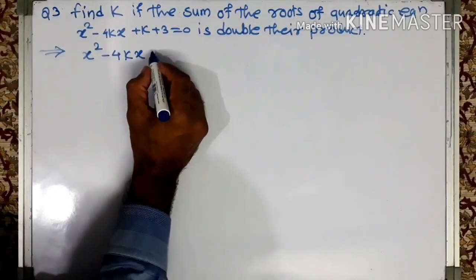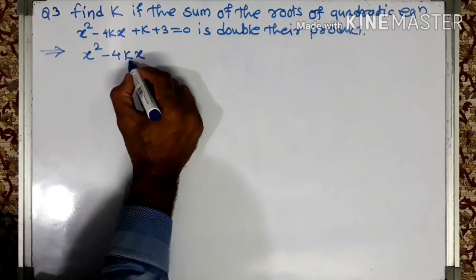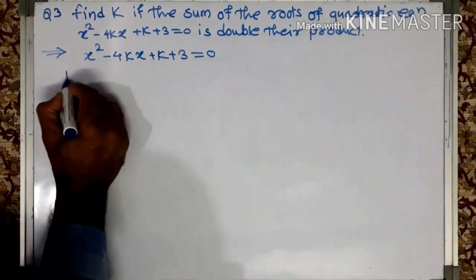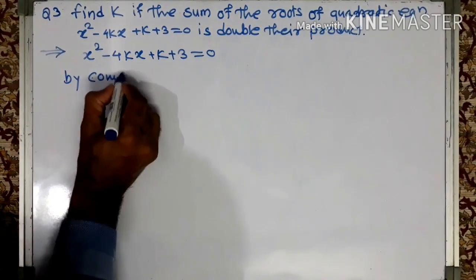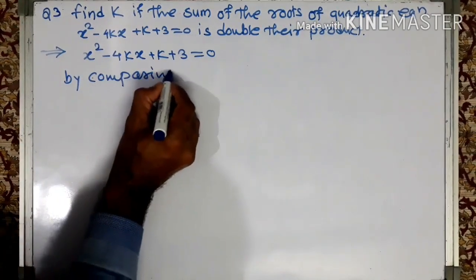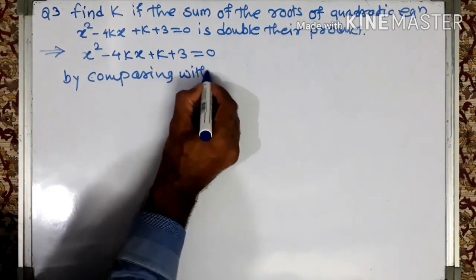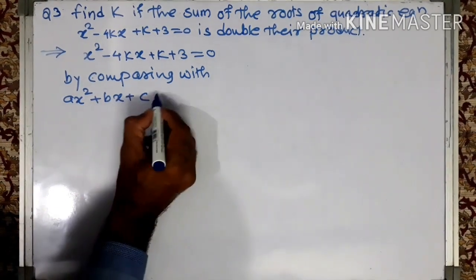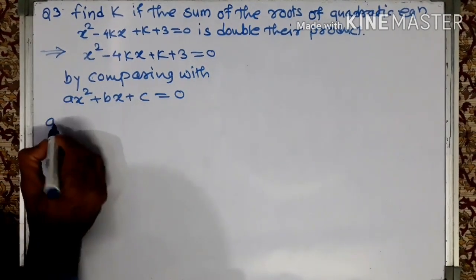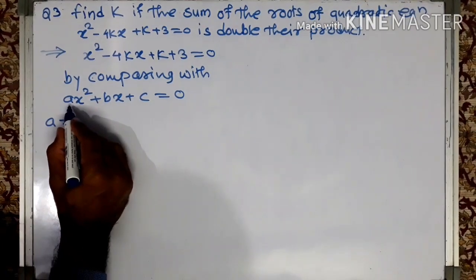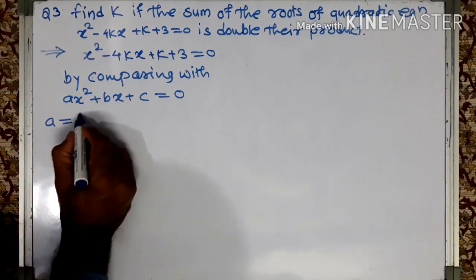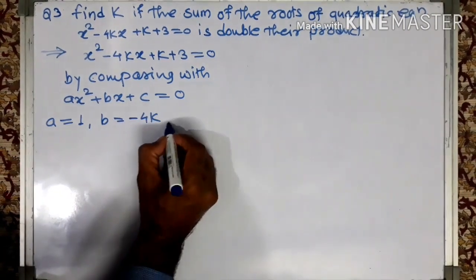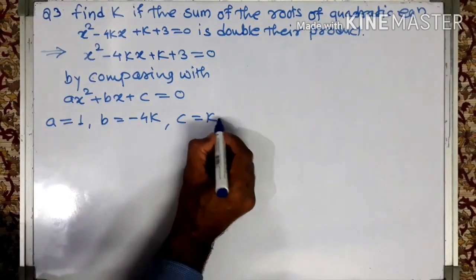First we write that equation x square minus 4kx plus k plus 3 equals 0 by comparing with ax square plus bx plus c equals 0. We got values of a, b, c. Value of a is 1, value of b is minus 4k, value of c is k plus 3.